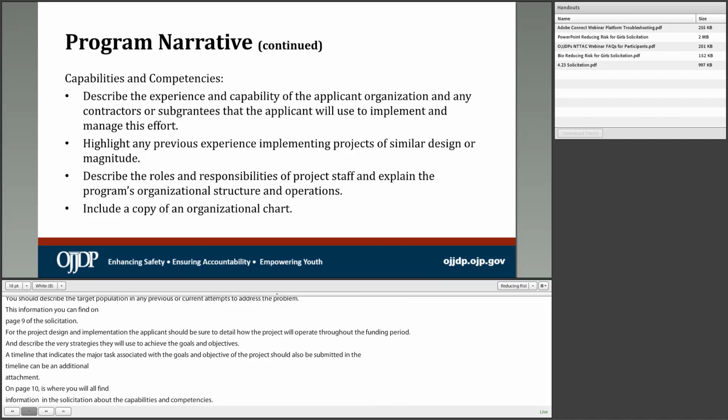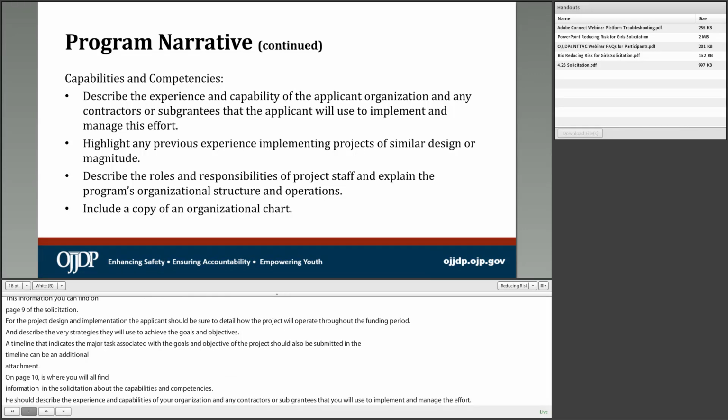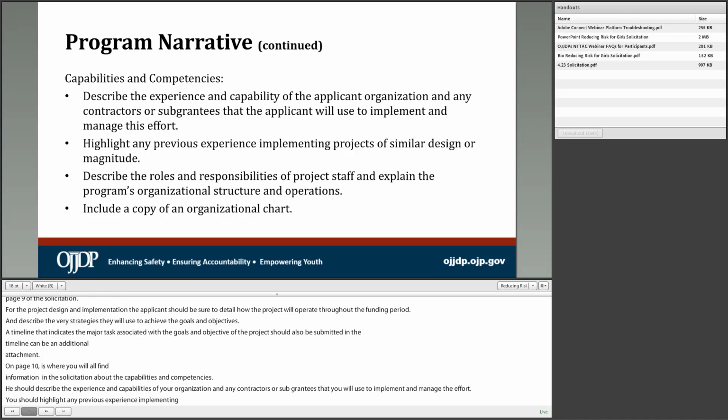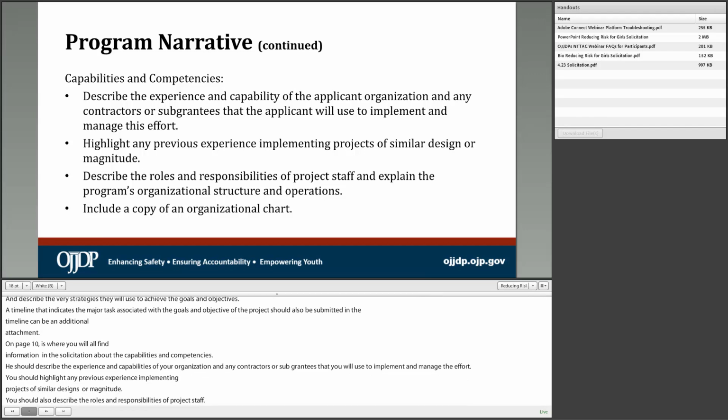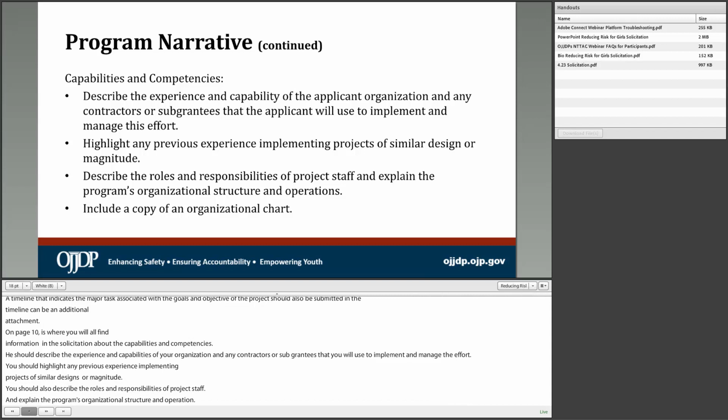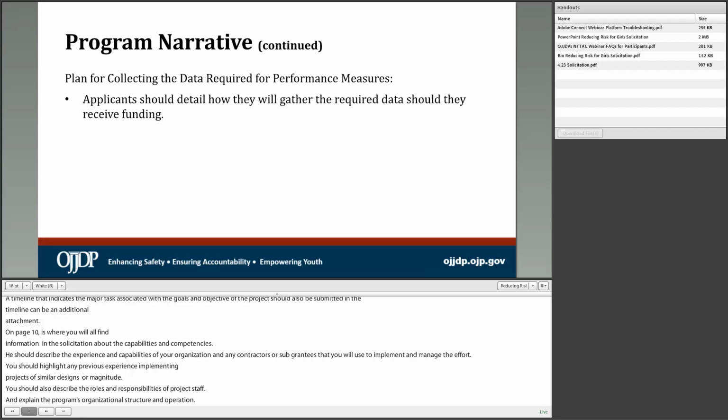You should highlight any previous experience implementing projects of similar design or magnitude. You should also describe the roles and responsibilities of project staff and explain the program's organizational structure and operations. Additionally, as a separate attachment, you should include a copy of your organizational chart.